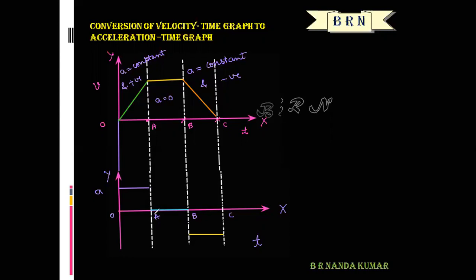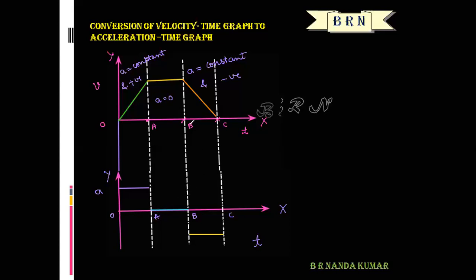And in the time interval A to B, the particle is moving with constant velocity. That means its acceleration is 0. So from point A to point B, the acceleration of the particle is how much? 0.